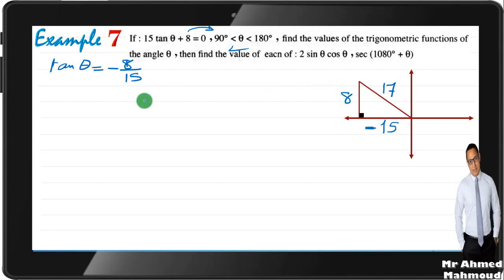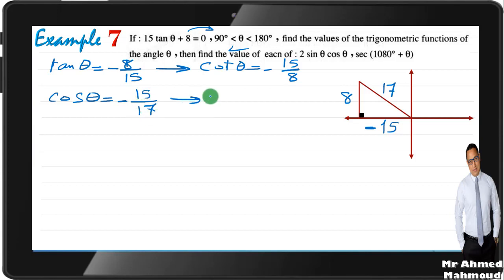Now I need to find all trigonometrical ratios. So I have tan. From tan I will get cotan theta, which equals negative 15 over 8. And cosine theta equals adjacent over hypotenuse.